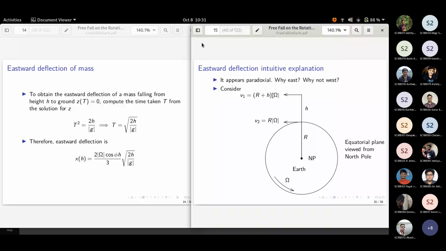The imagination is that the angular rate is the same. Therefore, if you are at a larger height with the same angular rate, you need higher velocity. When you come down, the same higher velocity is maintained because there is no one to reduce that. Therefore, it drifts towards the east. So this is another way to imagine why this eastward drift occurs.